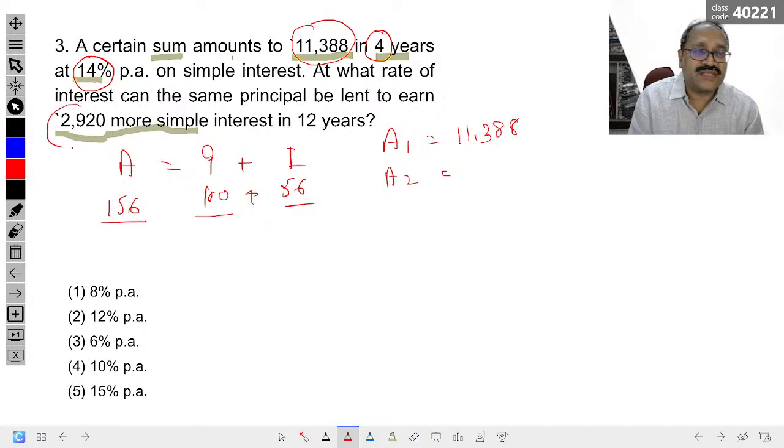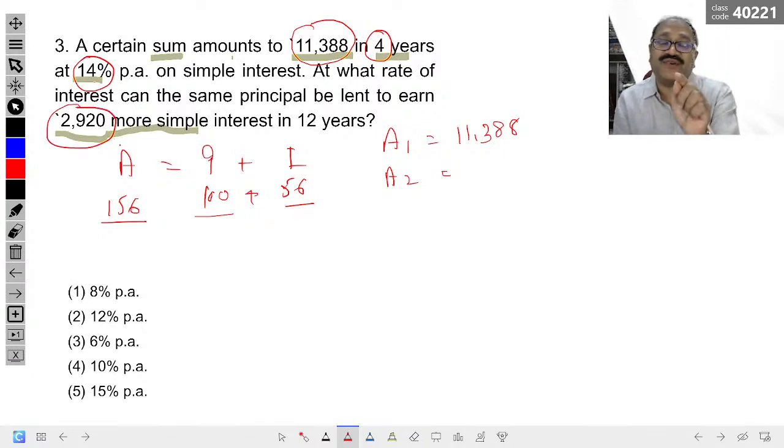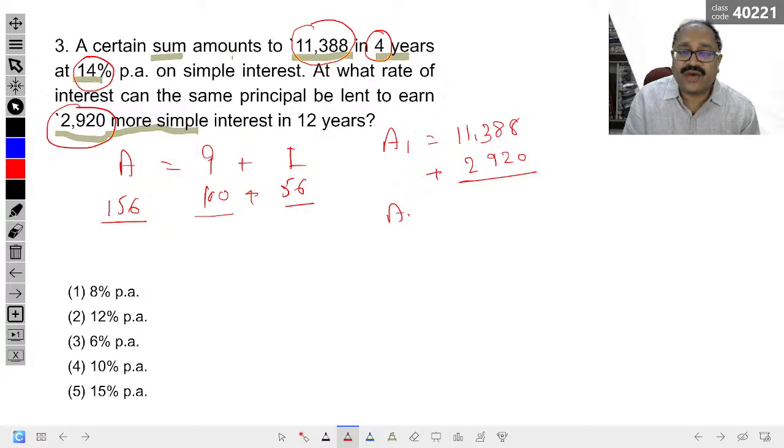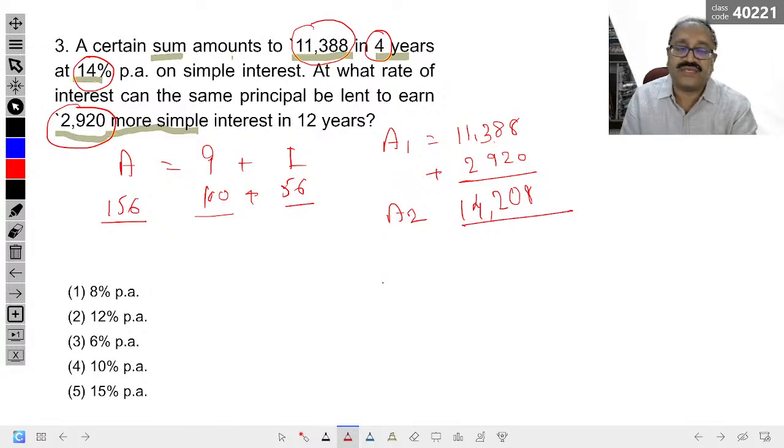With 2,920 more interest, amount 2 will be 11,388 plus 2,920. You add that on over here. Then the amount you are looking for is 14,308.